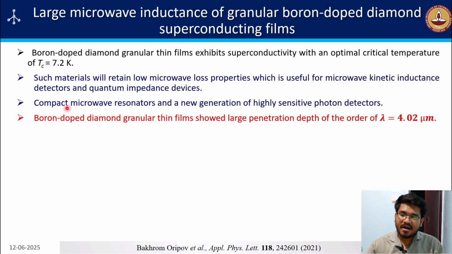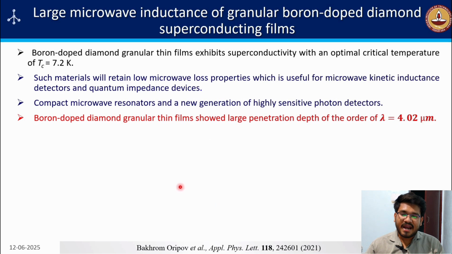If you achieve a higher kinetic inductance sample, you can have a compact microwave resonator, because over a small area of the sample your kinetic inductance will be high. So you can design a more compact microwave resonator, your chip size will be reduced, and you can achieve highly sensitive photon detectors.